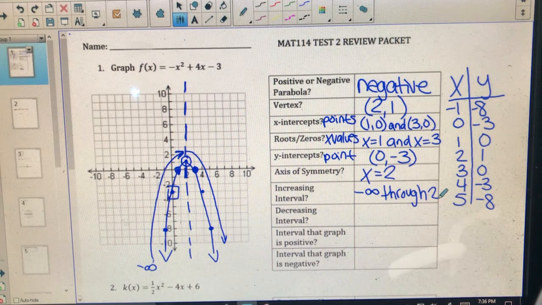Now, if it stopped increasing at 2, that means it had to have started decreasing at 2. So 2 through, and then if I follow that arrow again, it's going down, down, down, and technically over to the right forever and ever, and that is called infinity. When you're talking about going to the right for infinity, it's positive, because all x values to the right are positive, and you always use x values for your intervals.